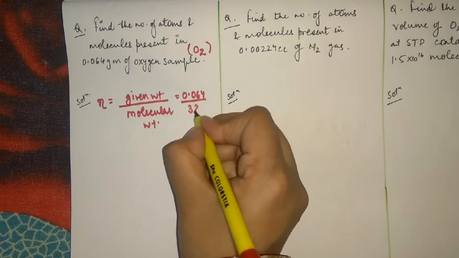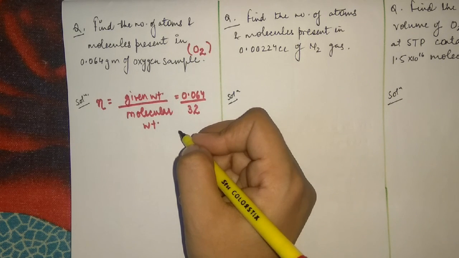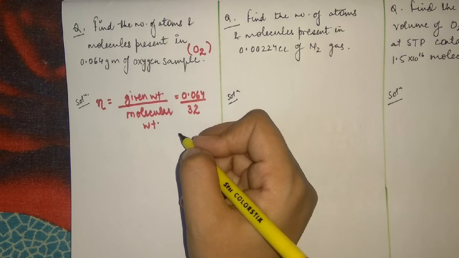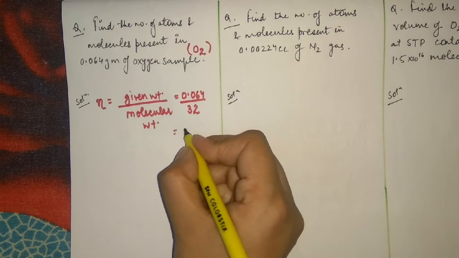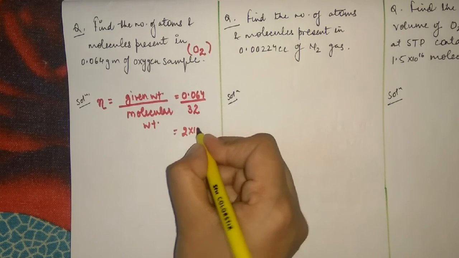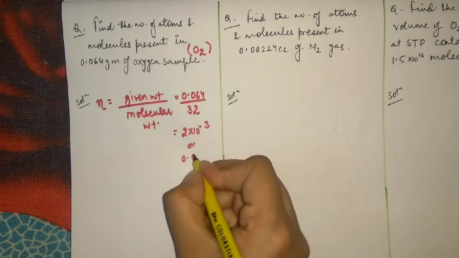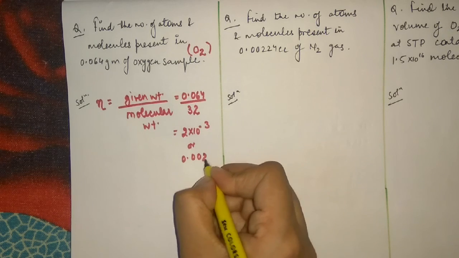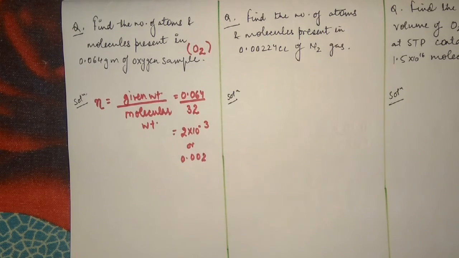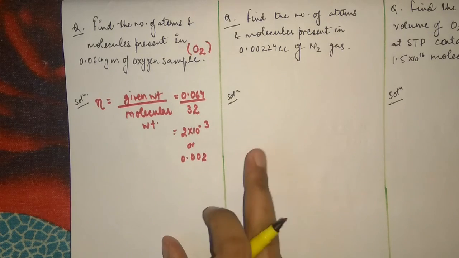O2 is 32. The atomic weight of oxygen is 16, but it is O2, so 16 times 2 is 32. When you solve this, it will come out to be 2 into 10 raised to minus 3, or 0.002. Yes or no? So I can write it as 2 into 10 raised to minus 3.